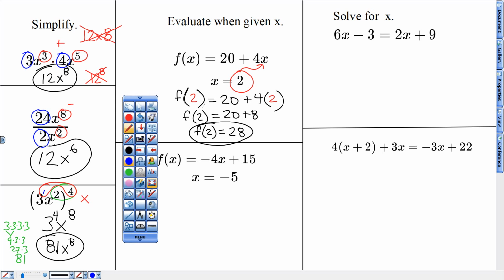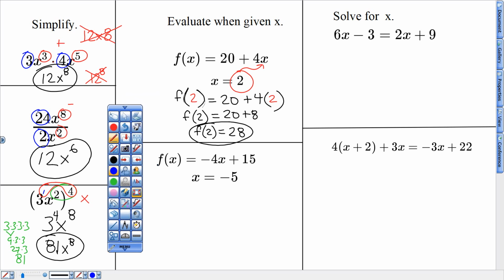Third word is black. Black. All right, this one, you're plugging in negative 5 into x. So that gives me f of negative 5 equals negative 4 times, and here's where I plug in the negative 5 and multiply it times that negative 4.